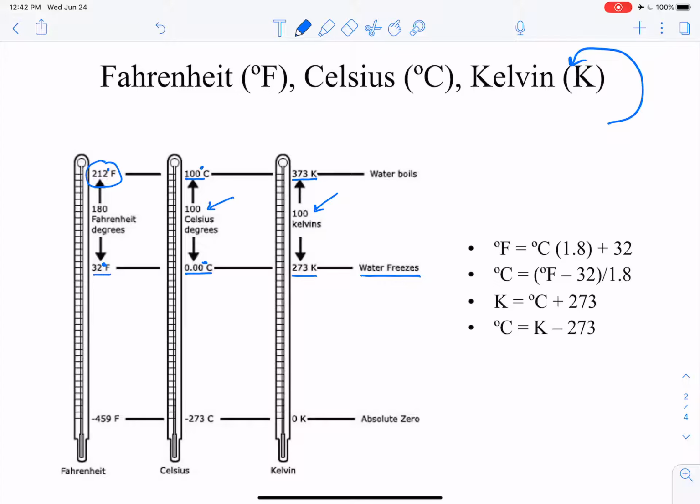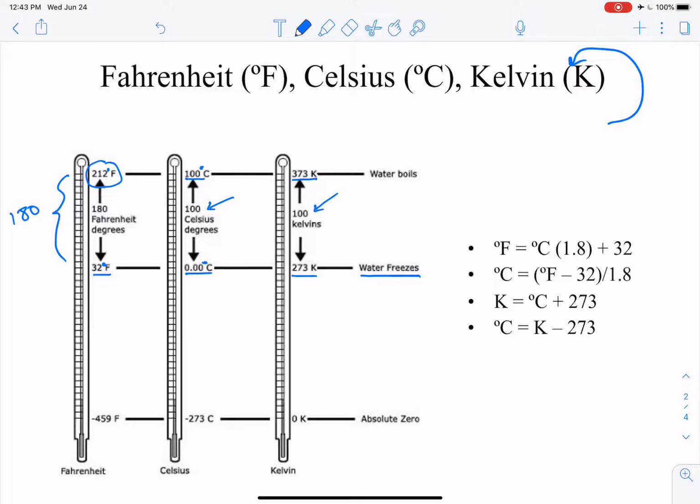There's 100 Celsius degrees between freezing and boiling, and there's 100 Kelvins between freezing and boiling of water. Now, Fahrenheit, there's 180 degrees Fahrenheit between water freezing and water boiling right there, 180. That means that the degree size in Fahrenheit is smaller than the degree size in Celsius and Kelvin.